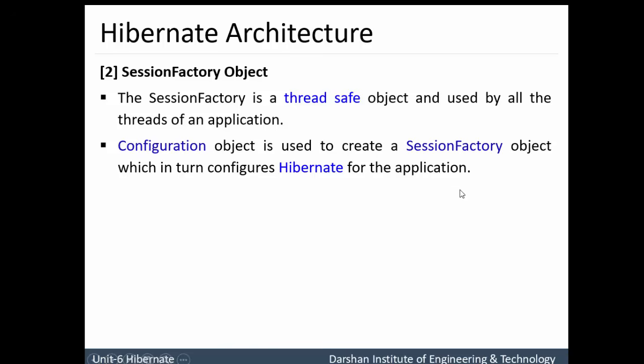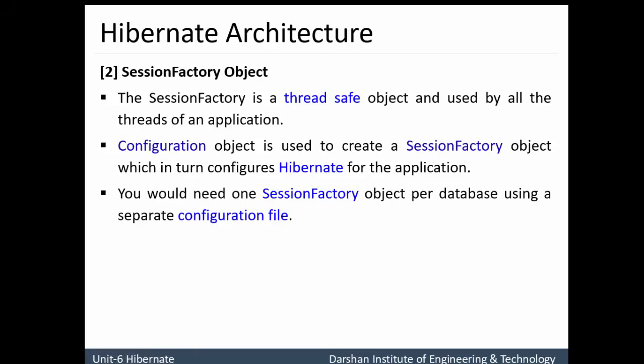So first of all, we need to create a Configuration object, and then the Configuration object will create the SessionFactory object. Then we would need one SessionFactory object per database using a separate configuration file. So if we are using multiple databases, then a separate SessionFactory object is required per database.